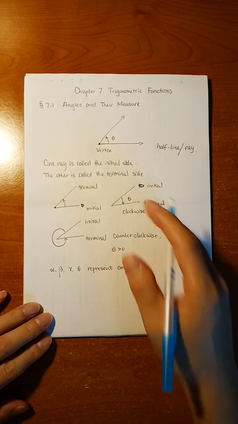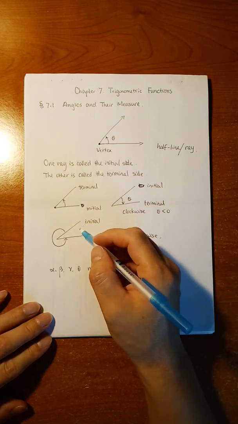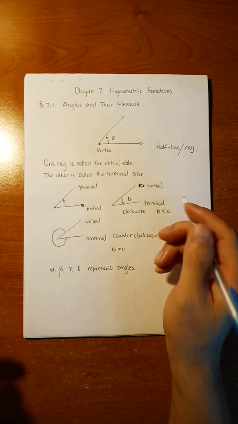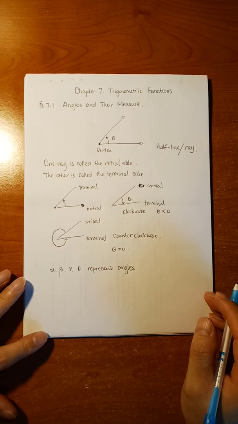But if we place the angle in this way, it will be so random. It's not easy for us to study. So we are going to place them in the standard position.